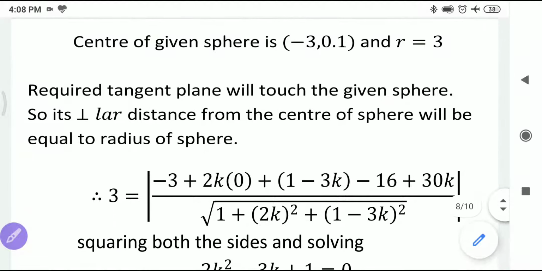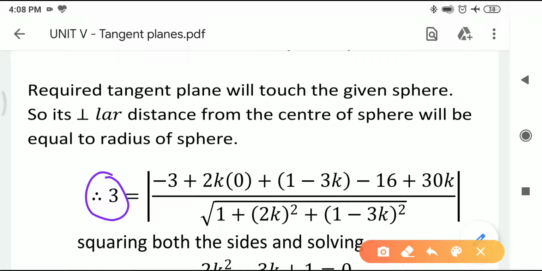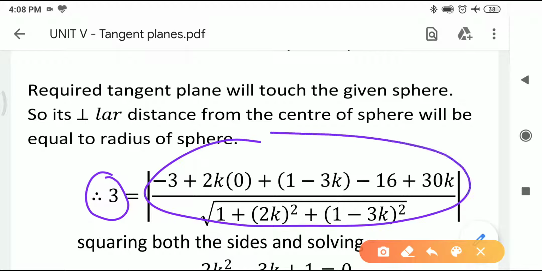Now the required tangent plane: as I told you in the beginning, whenever a plane is tangential to the sphere, the length of the perpendicular from the center of the sphere to the plane is the same as the radius of the sphere. So we use that formula: this is the radius, and here I am finding the length of the perpendicular.